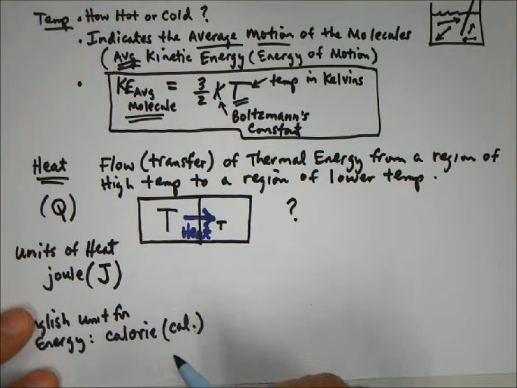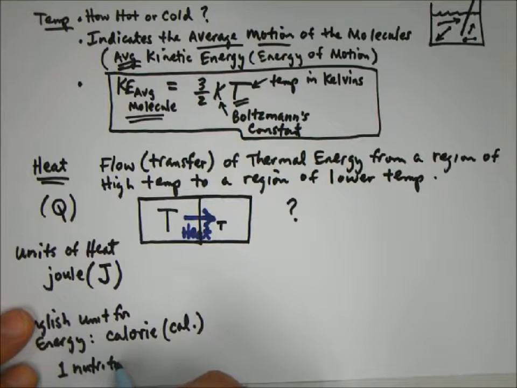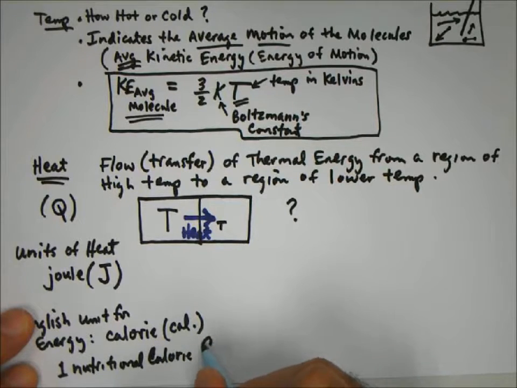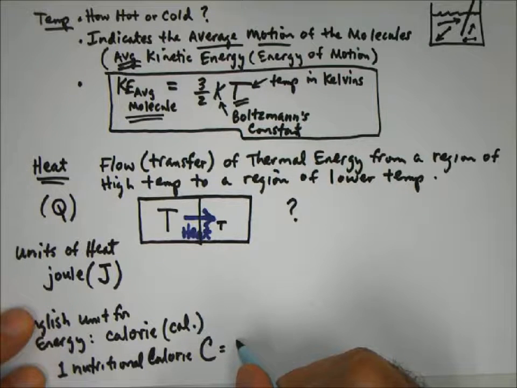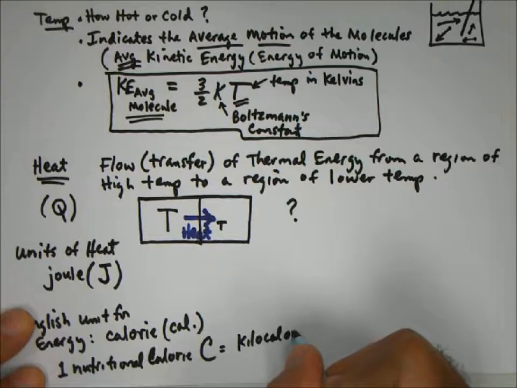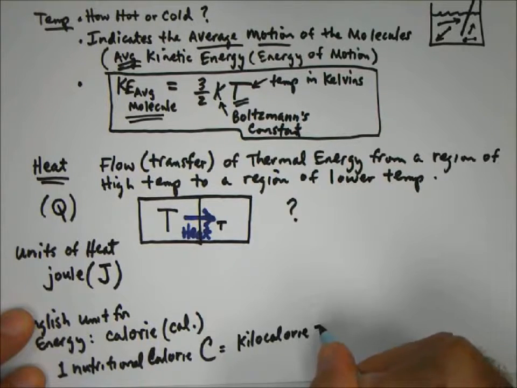So one nutritional calorie, with a big C, is the same thing as a kilocalorie, with the little c, and that's equal to 1,000 little calories.